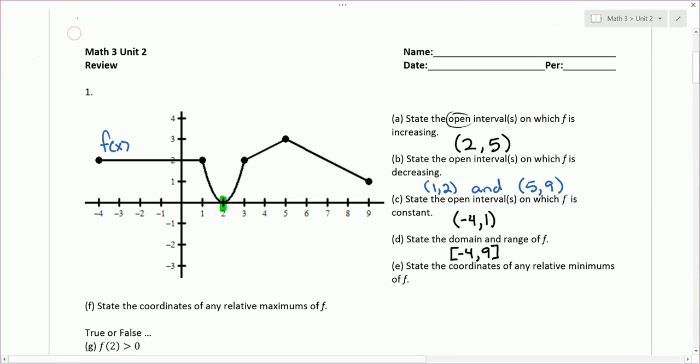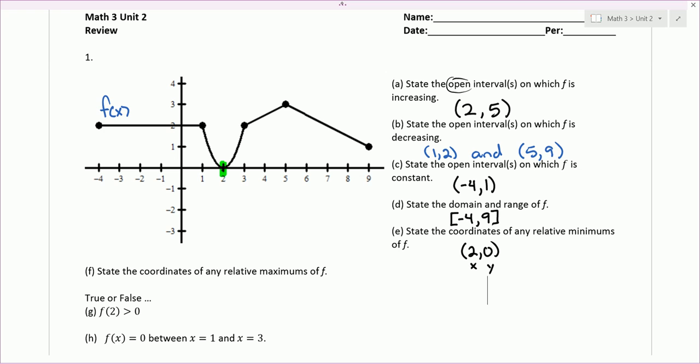So we got one relative min. The coordinate of that point is 2, 0. Notice this is a coordinate, it's not an interval. It looks similar to interval notation, but it's not. It's a point. The point when x is 2 and y is 0.